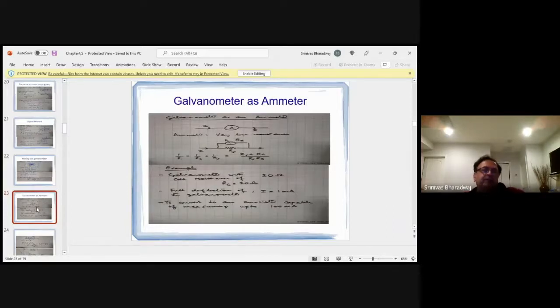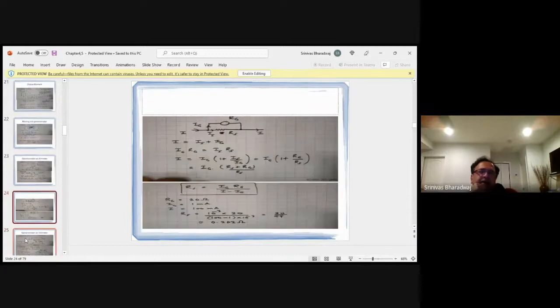Okay, so here is the shunt. Now here you have the RG, then you add a shunt resistance. When we say shunt, we always mean a resistance in parallel. Now, the size of the shunt resistance should be such that the ammeter works over a range.